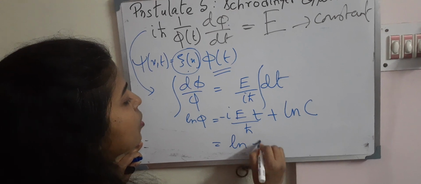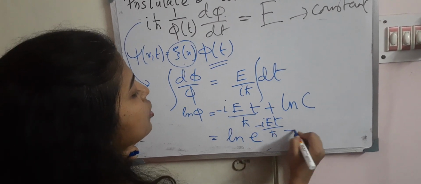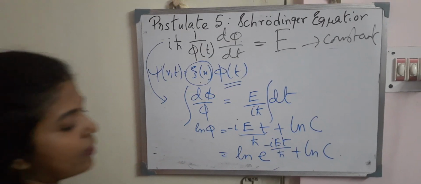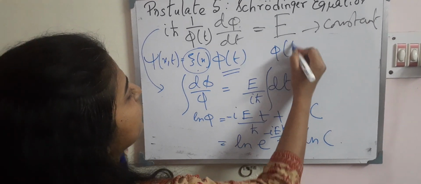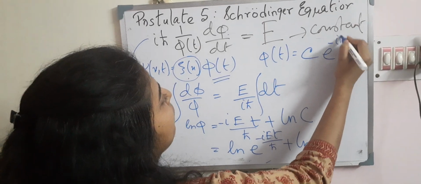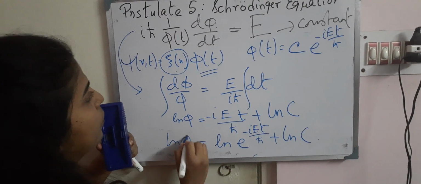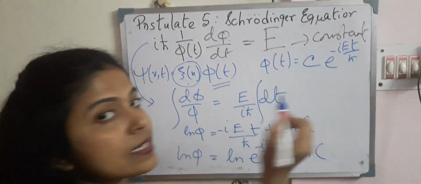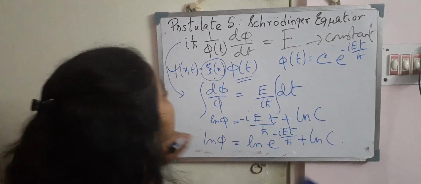So the function phi t can be written as some constant c into e to the power minus iEt by h cut. This is how the function phi t will look, where E is the same energy eigenvalue we were talking about.